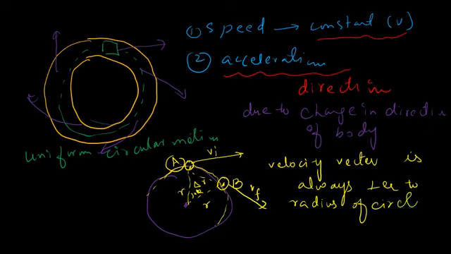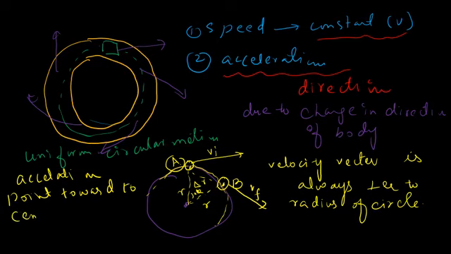Whenever the body is moving with a constant speed but changing its direction in the circular path, the acceleration produced due to the change in direction always points toward the center of the circle.